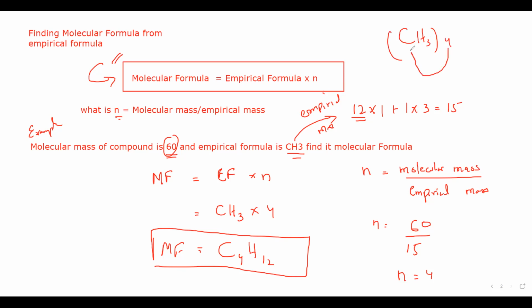So this 4 is multiplied with carbon, 4 multiplied by 1, that's why 4 carbon. And 4 is multiplied with hydrogen 3, so 4 multiplied by 3 is 12. This number 4 is multiplied with each atom.